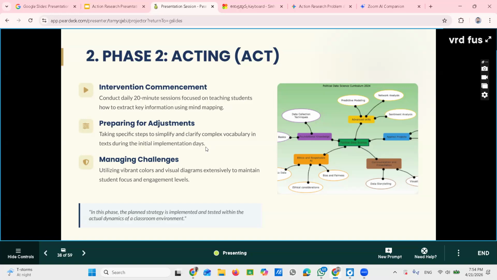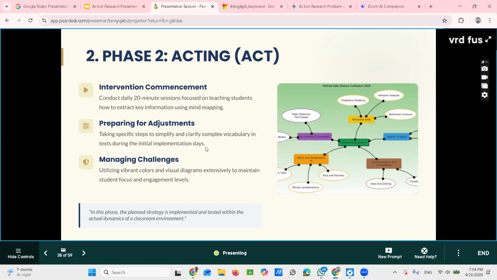If they find some complex vocabularies, then initially we want to avoid them. Then later, you can take action to give ideas for complex vocabularies. For the first, they have to give some simple words to understand and organize things in the concept of mind mapping.